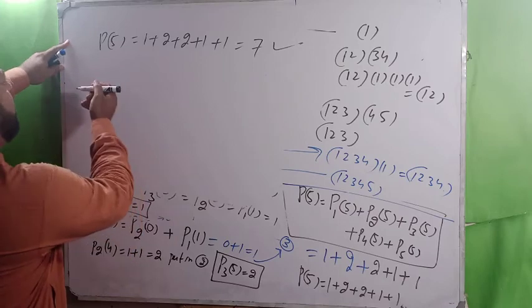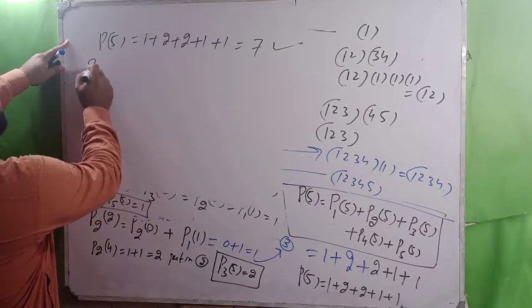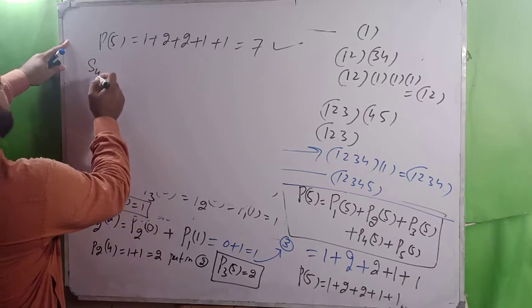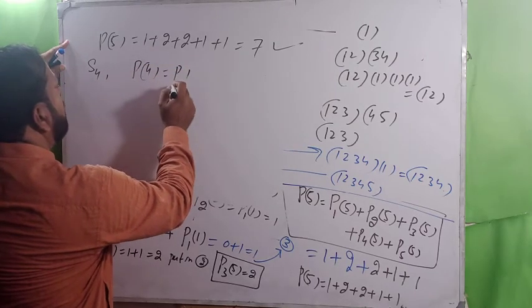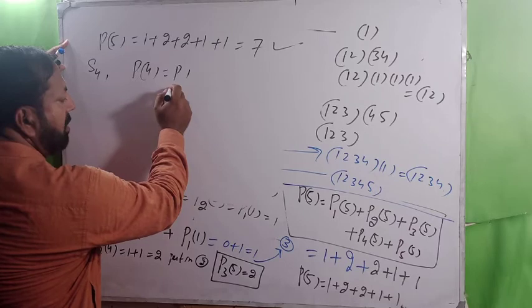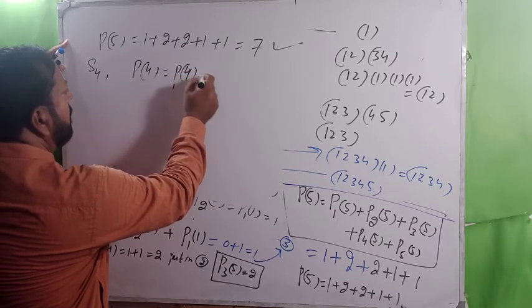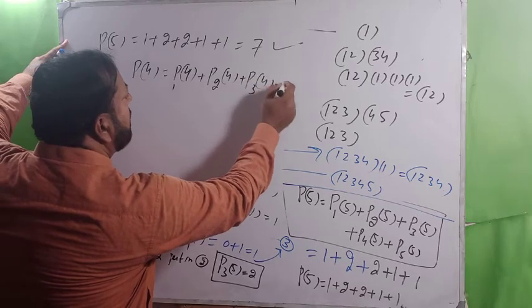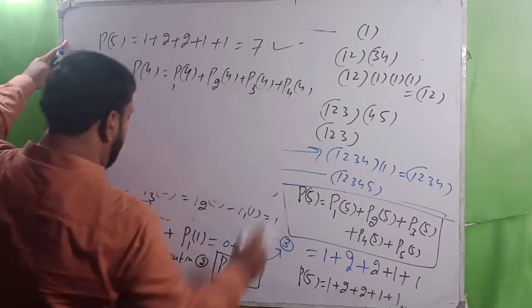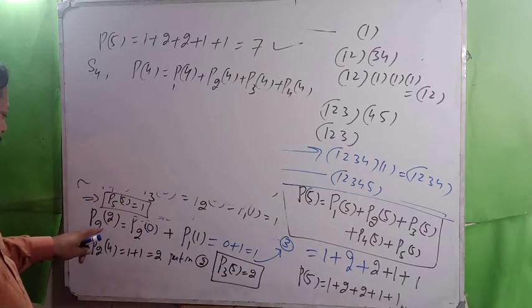Similarly, you can find for S4, P4 would be equal to P14 plus P24 plus P34 plus P44, and you have all these calculations.